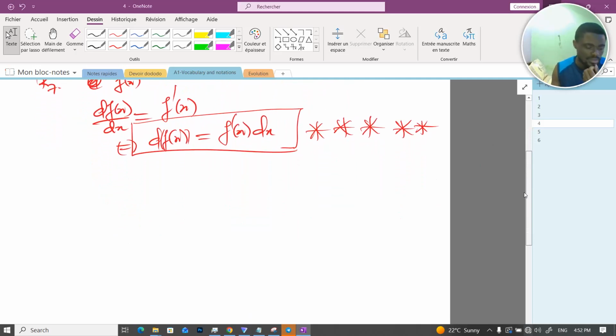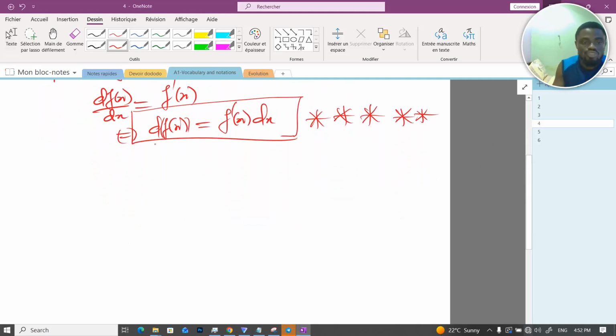So let me show you a small application of this. Let's say, for example, let y be equal to x cubed.